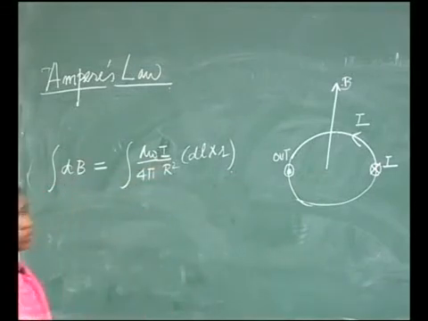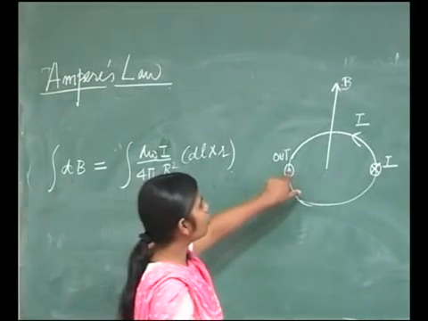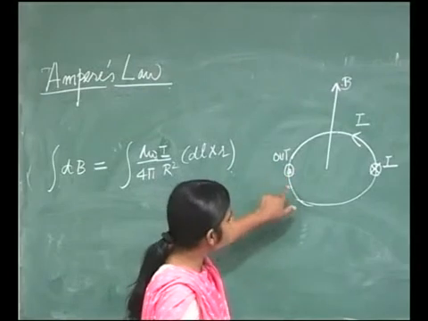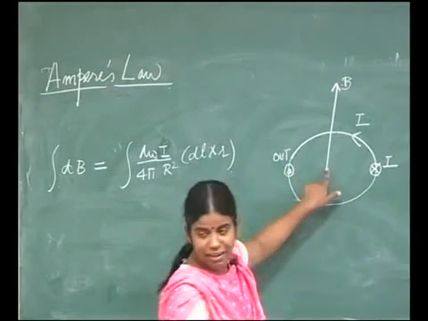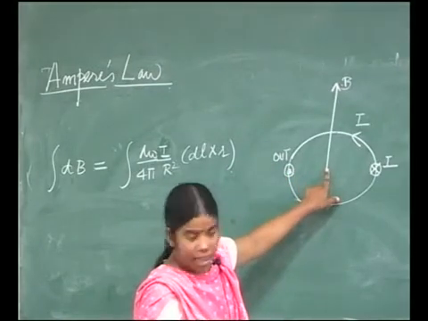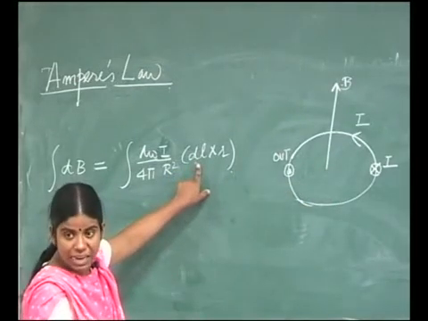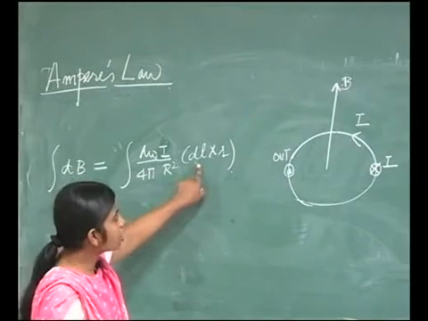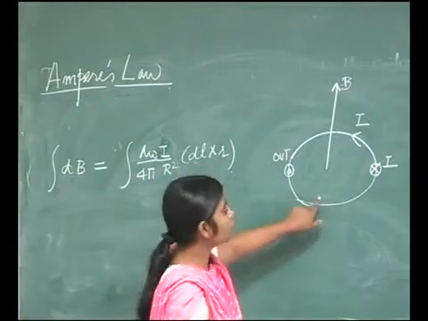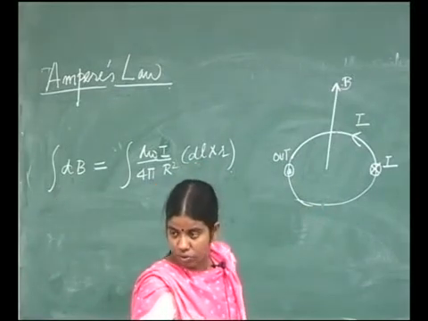Okay. But Ampere said, okay, no issues. Now what we were doing, we were calculating B due to the entire loop at the center. Okay. And what was the dl here? dl was the small current length element over this loop. Okay.